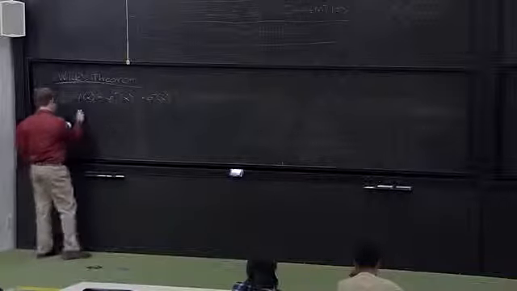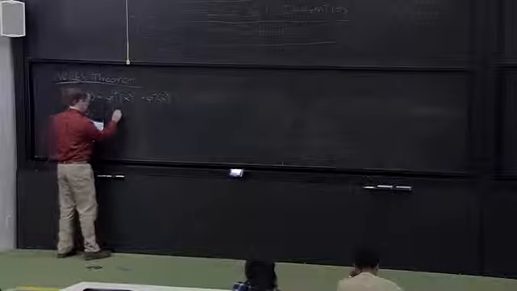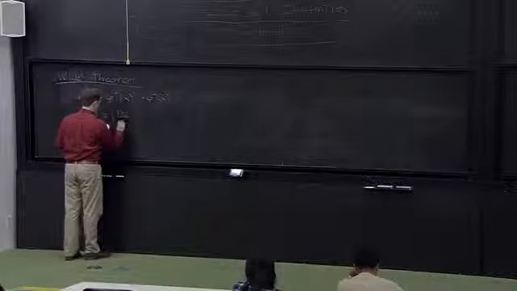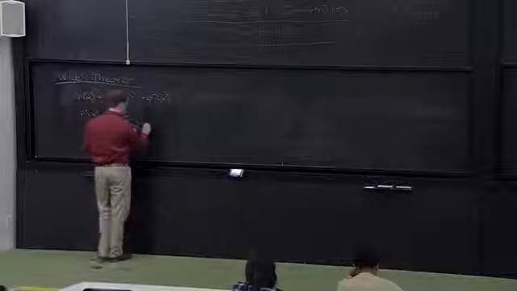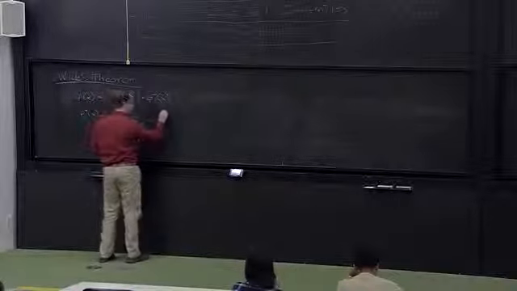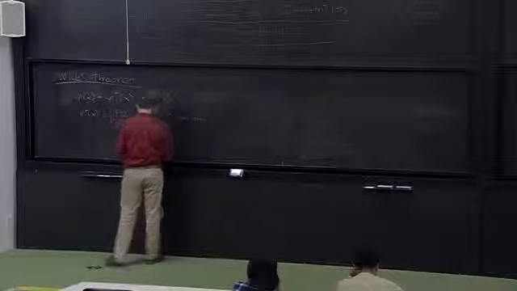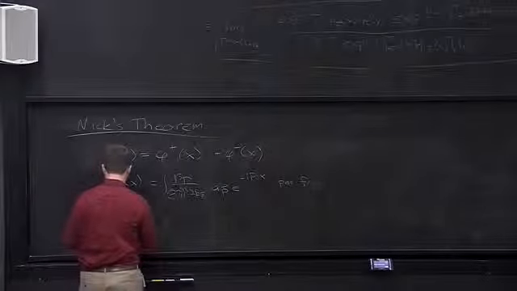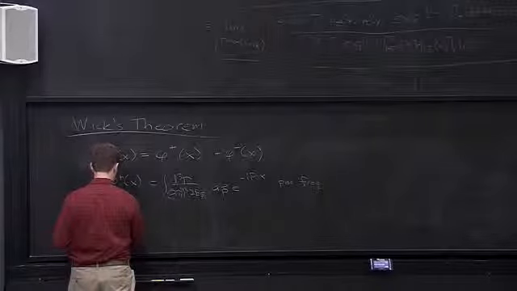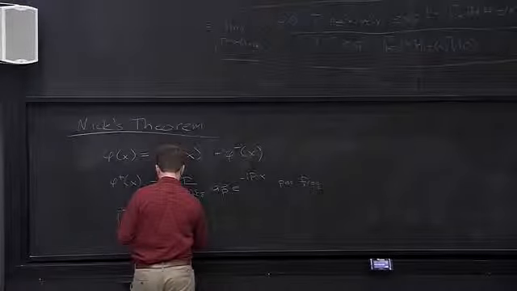So we will decompose phi into two parts, a positive frequency part, phi plus, which contains the annihilation operators. And a negative frequency part, which contains the creation operators.